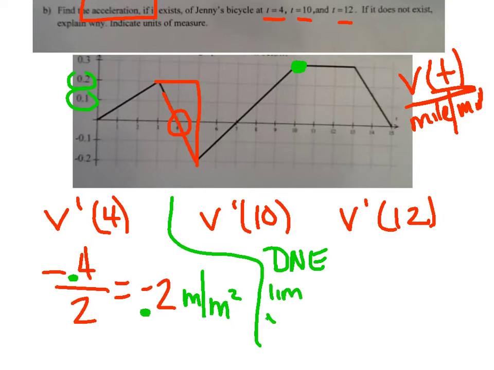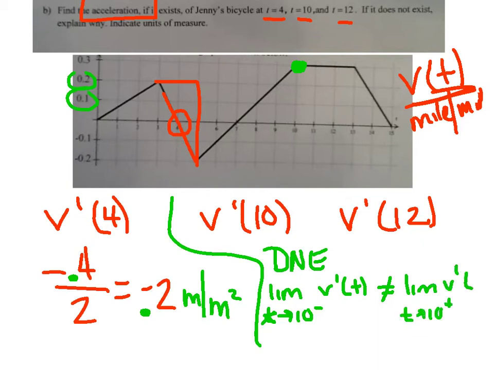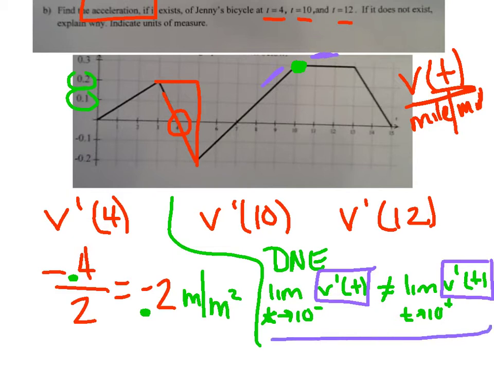The limit as t approaches 10 from the left of v prime of t does not equal the limit as t approaches 10 from the right of v prime of t. Notice, I am definitely saying the slopes are not equal. That's what I'm saying by v prime. The slope on the left does not equal the slope on the right, and that is why the derivative does not exist here.